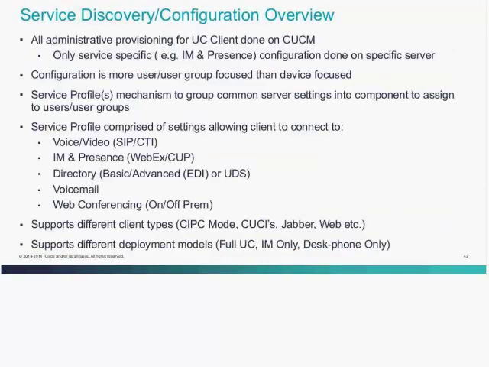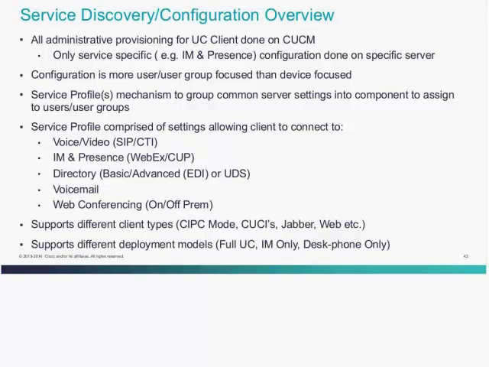So let's look at the overall service discovery requirement and the configuration that needs to be done to achieve this. All the administrative provisioning on UC client is done on CUCM from 9.x onwards. You need to set up a service profile, which dictates the various services that the UC client can register to.